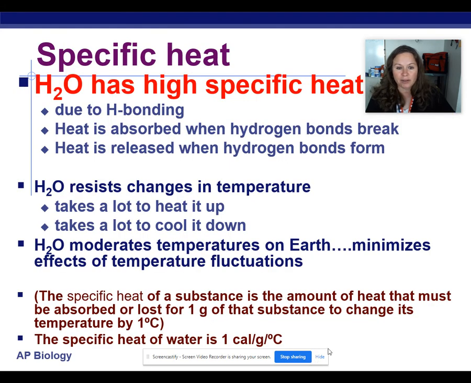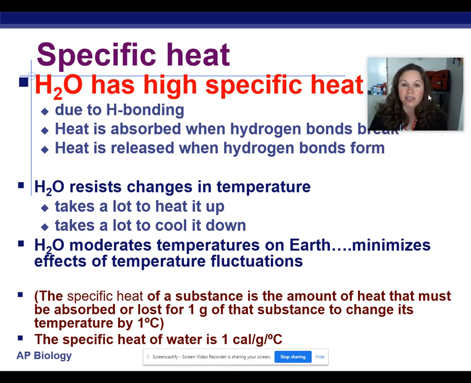We like our water. So the specific heat of a substance is the amount of heat that must be absorbed or lost for 1 gram of that substance to change by 1 degree Celsius in temperature. So we use water as our standard at 1 calorie per gram per degree Celsius. And water, we say, at 1 has a high specific heat.